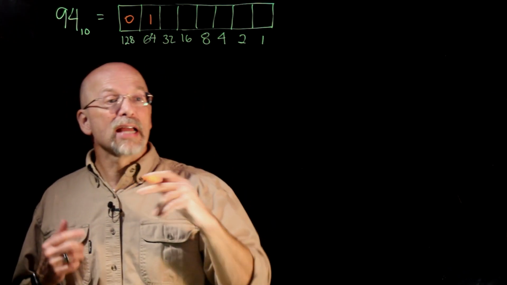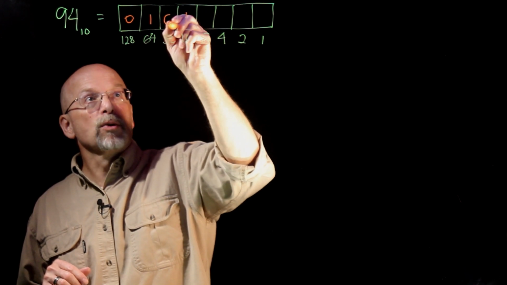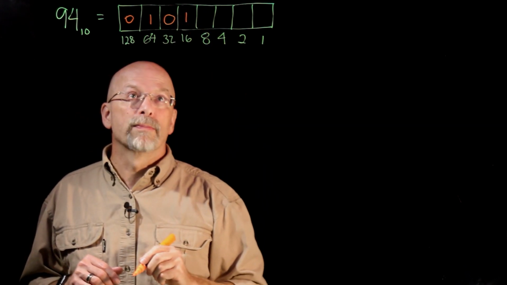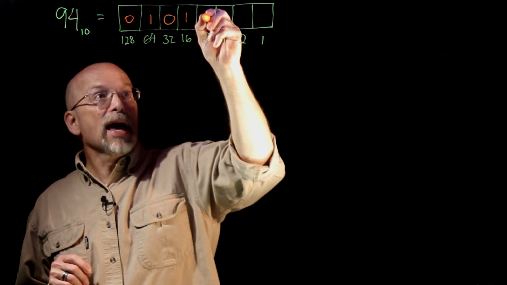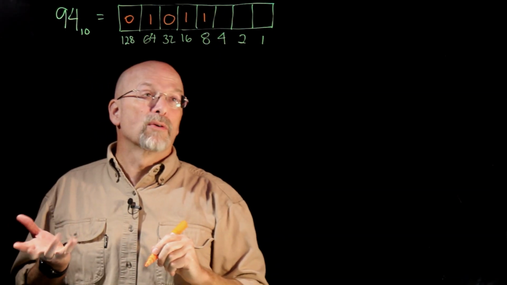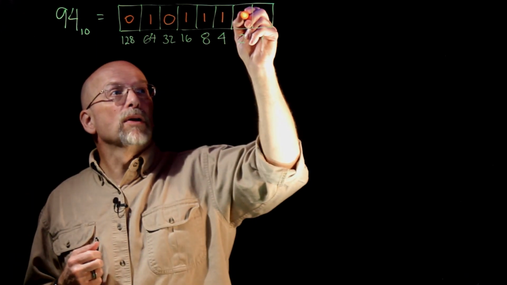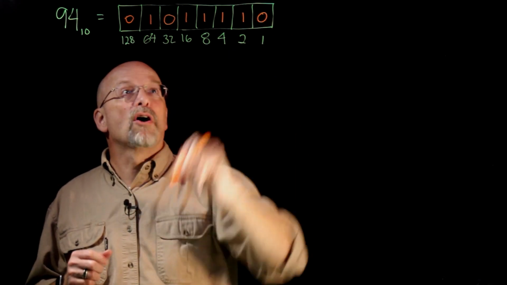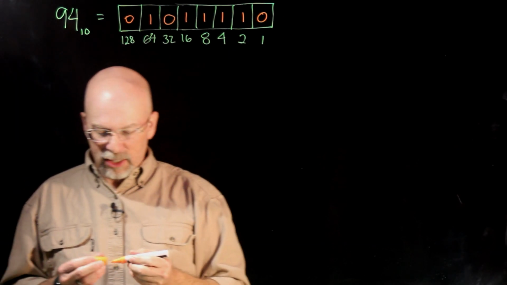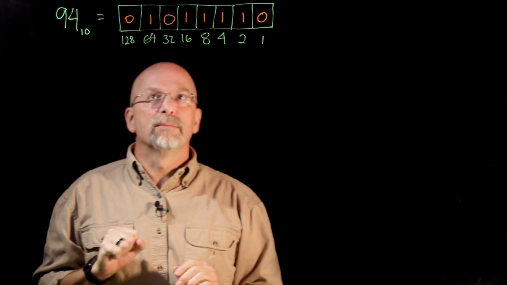The next highest power of 2 in 30 is 16, which means we don't have any 32s. 30 minus 16 is 14. We pull an 8 out of that. We have 6 left over. Pull 4 out of that. We have 2 left over. Pull out another 2, and then we have 0 left over, which means we have all the components necessary in order to represent 94 in unsigned binary.